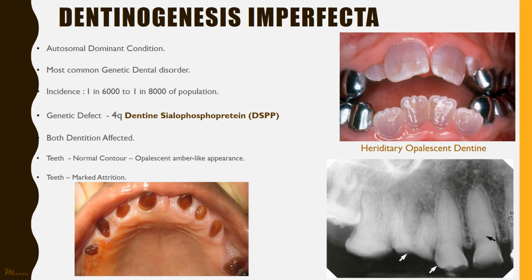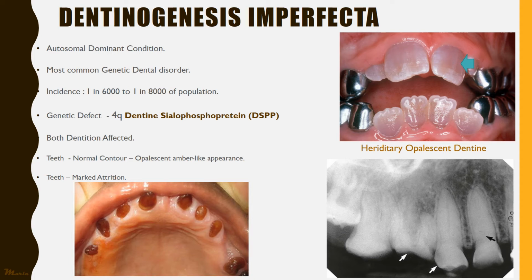The teeth have a normal contour and show a characteristic opalescent amber-like appearance as seen in the image. Radiographically, such teeth will show obliteration of the pulp chambers and stunted root development.